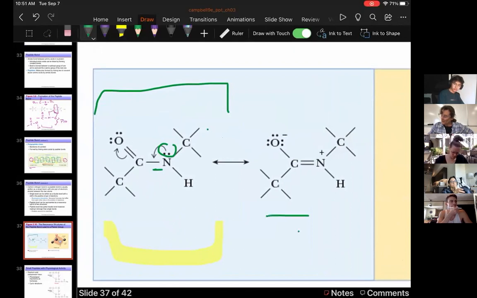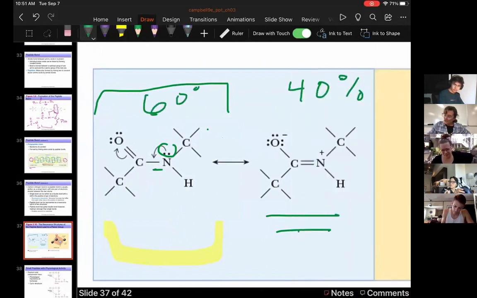And this other structure here is also present in solution. And they estimate that, I believe, this is about 40% of the character, and this is 60% of the character of the peptide bond. And so what that means is that there's no rotation around the peptide bond because, remember, you cannot rotate around a double bond.